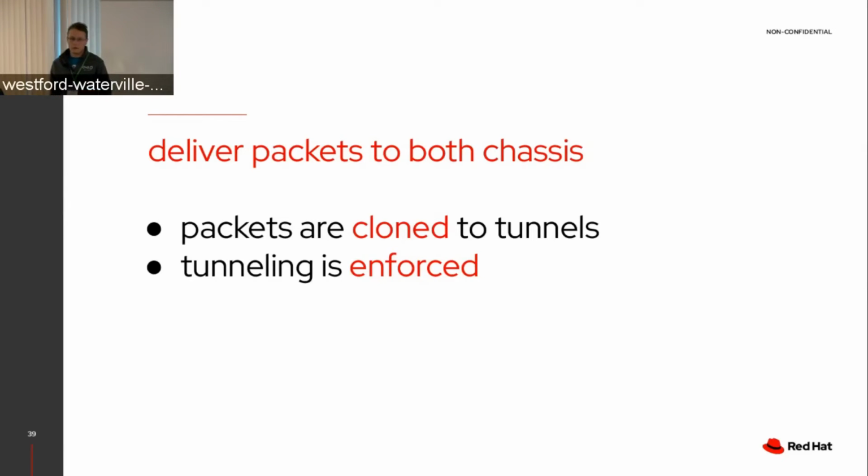Now, in the live migration scenario, since we don't actually have a case where the VM is running in parallel at the same time in multiple places, in reality, half of the packets are just dropped because they are not needed, but half of them are delivered to the VM, but that's fine.